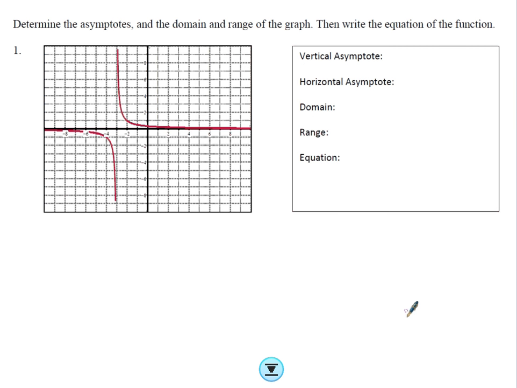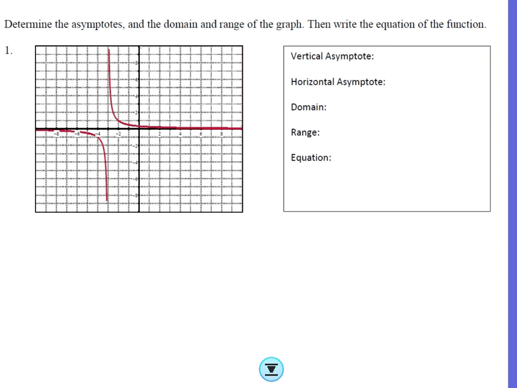So let's take a look at this first example. This is really taking what we did in last week's material and adding to it. The first thing it wants to know is the vertical and horizontal asymptotes. So I am going to go ahead and put those into my graph. And remember, the asymptotes are the lines that the graph gets closer and closer to but never touches.